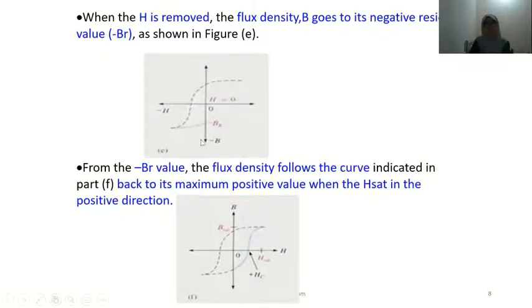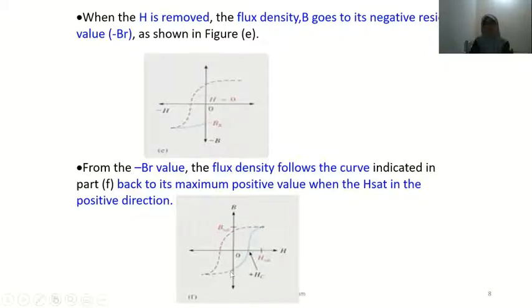From this negative BR value, the flux density follows the curve indicated in part F back to its maximum value when H saturation is in the positive direction.